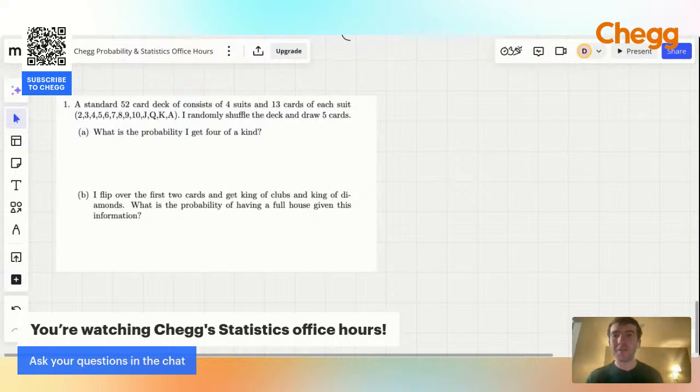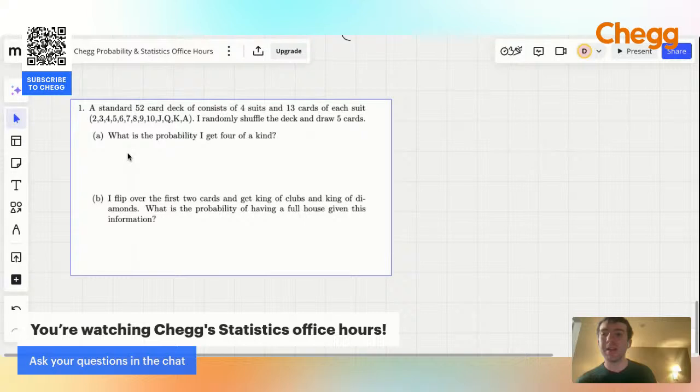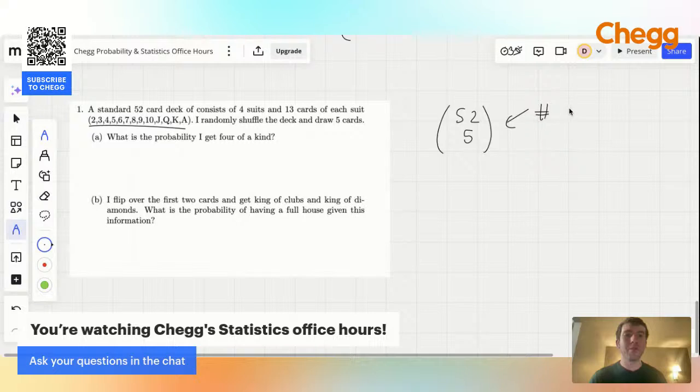Let's talk about the most basic: how many 5-card hands are there in a 52-card deck, not caring about order? In that case, it's 52 choose 5.